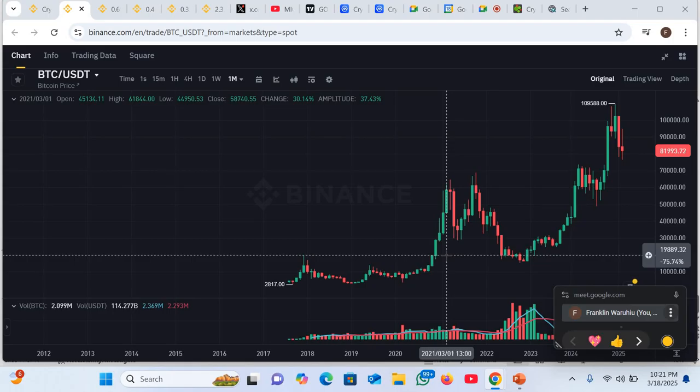So in this alt season, if it was to be something similar to what happened in 2021, where we saw a drop of 50% in the Bitcoin price, that means we saw Bitcoin go to a high of 109. Half of 109 is something closer to 55.